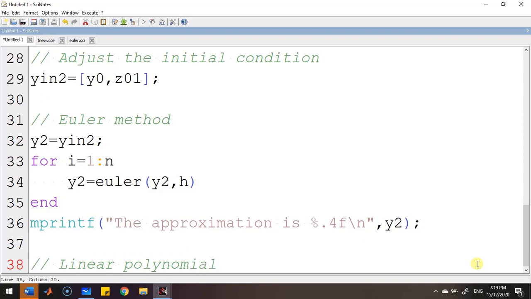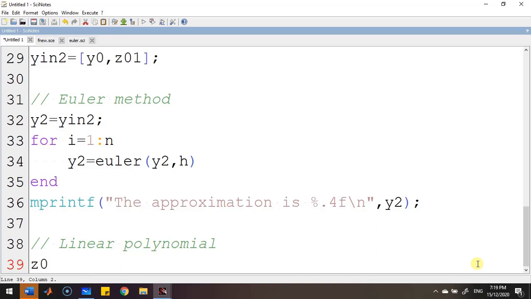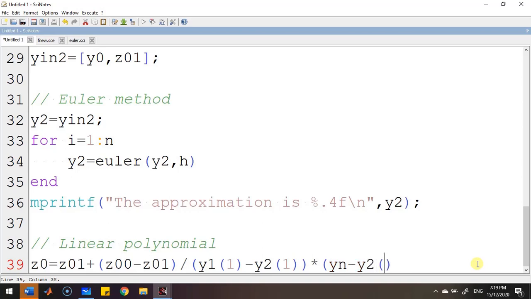To find z0, z0 equals z01 plus (z00 minus z01) divided by (y1, the first y1, minus y2), for the first choice of my y, multiplied by (yn minus y2,1).